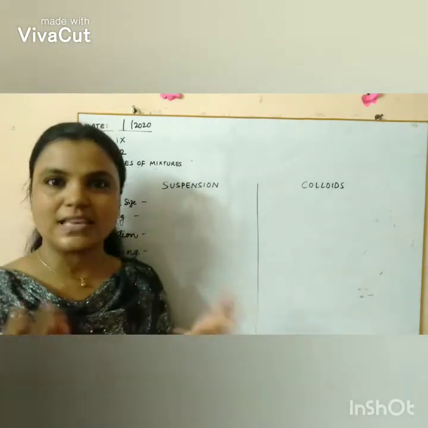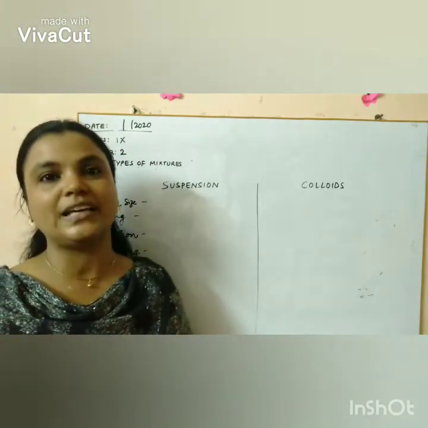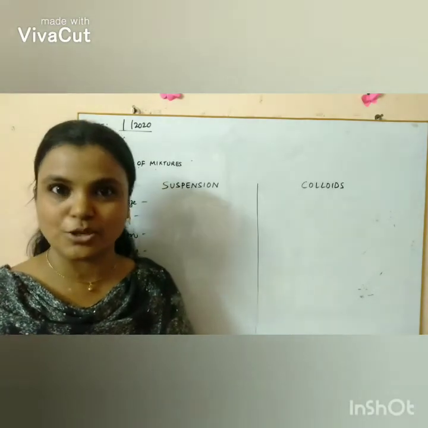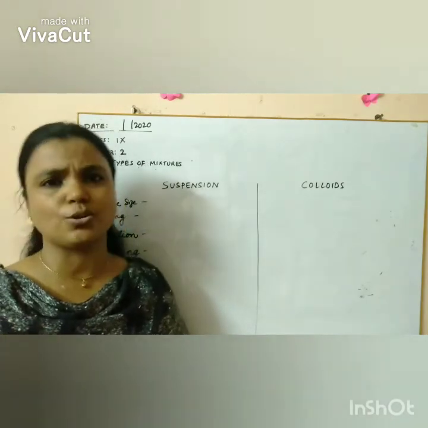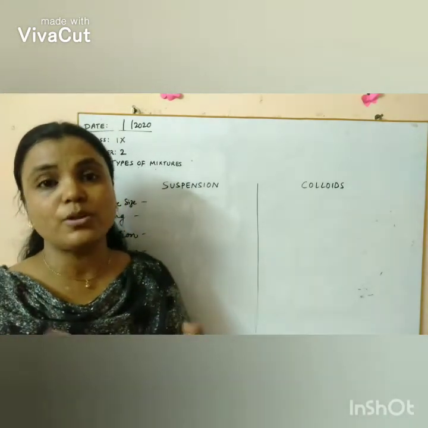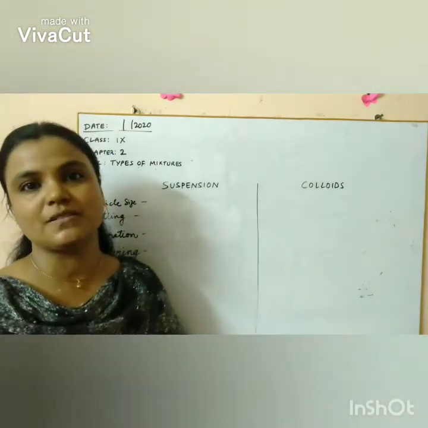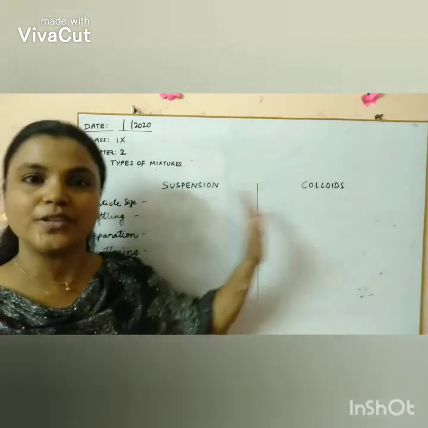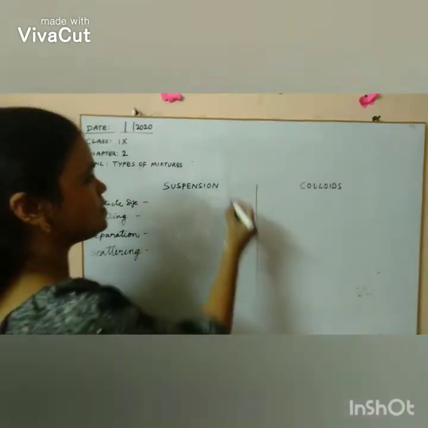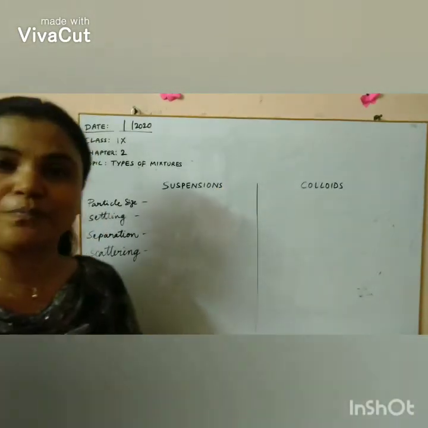Though we cannot see the particles of milk separately, it comes under heterogeneous mixture. We all know that sand and water is a heterogeneous mixture because we are able to see the particles of sand in the water. So let us know what the differences are between suspensions and colloids.